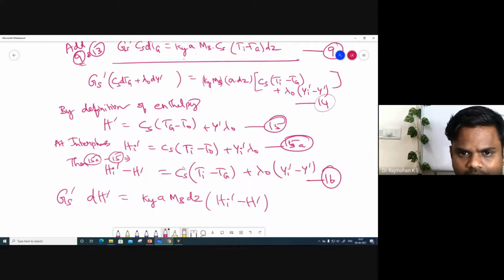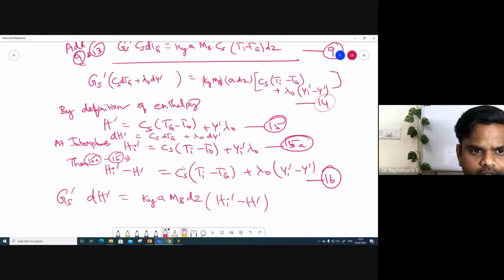Remember, this ky mB a into dz is there, and this Cs dTg plus lambda naught dY' is nothing but in general dH'. Because if I take dH', what I get is Cs into dTg, because T naught is constant, plus lambda naught into dY'. So this term totally can be written as dH'.